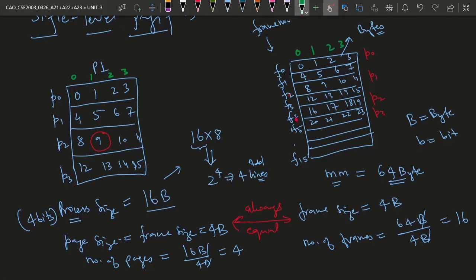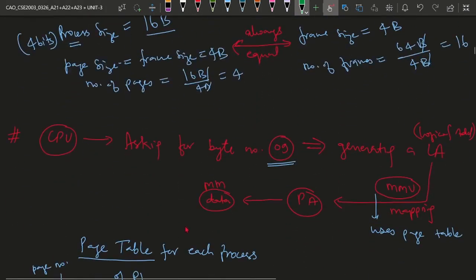At frame number 4, index value 1 is 17. That means at this 17th byte location, the 9th byte of page number 2 is stored. This is how the mapping is done.